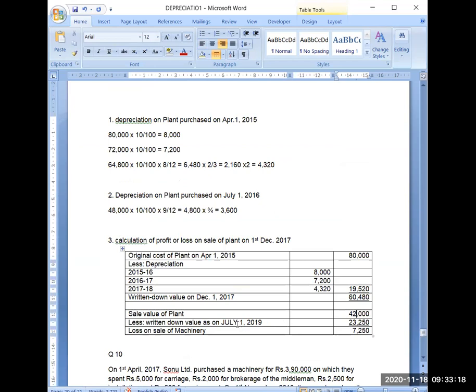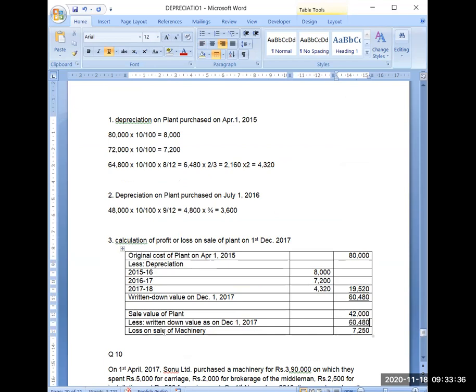Then written down value on December 1, 2017 is 60,480.